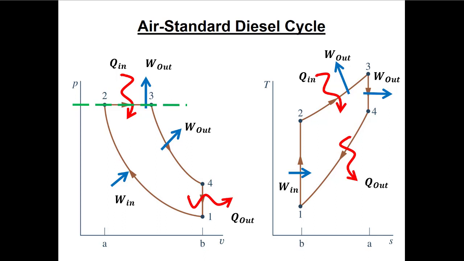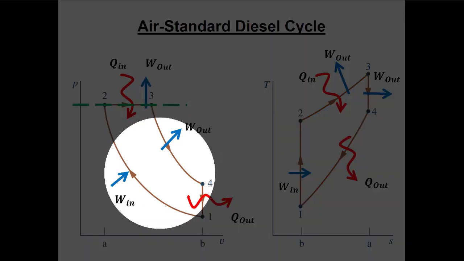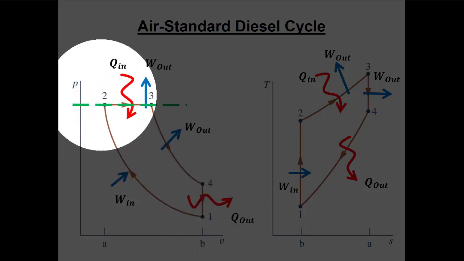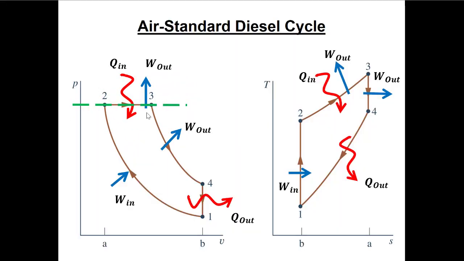So even though state 1 and state 4 have the same volume here on my PV diagram, state 2 and state 3 have different volumes. So we can't talk about only one volume ratio in this cycle. So here we do have this 2-stage power stroke. And this is one of the things that trips us up when we start to work on the diesel cycle: we have to worry about heat and work when we're adding heat.